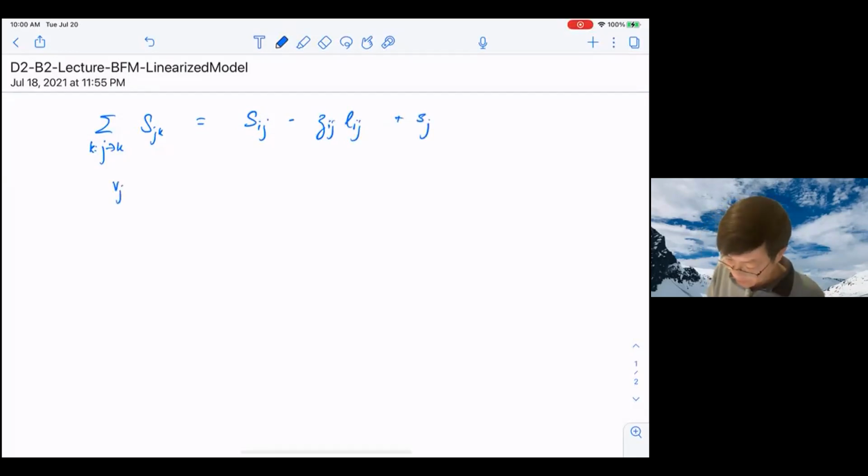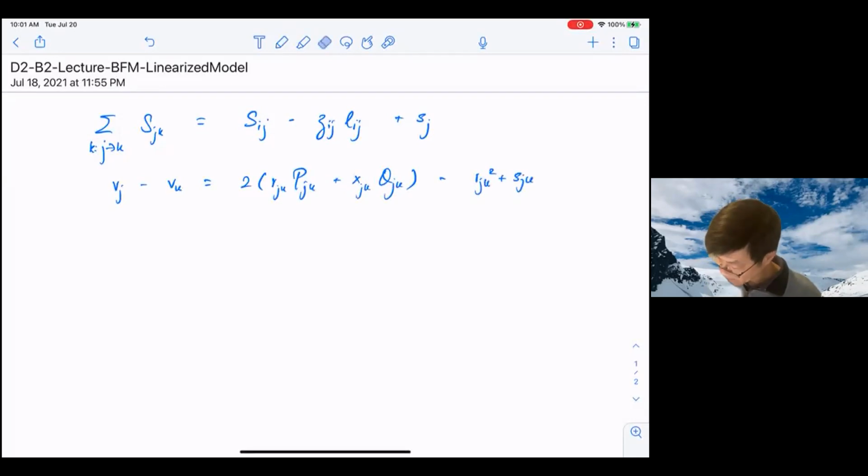Then there's V_j minus V_k, let me write this out explicitly. This will be 2 (r_jk P_jk plus x_jk Q_jk) minus (r_jk squared plus x_jk squared) l_jk.